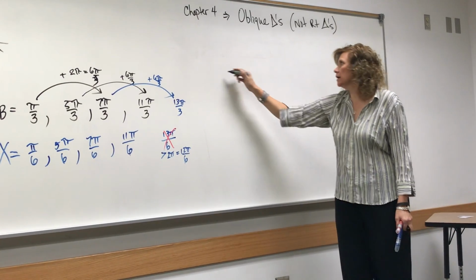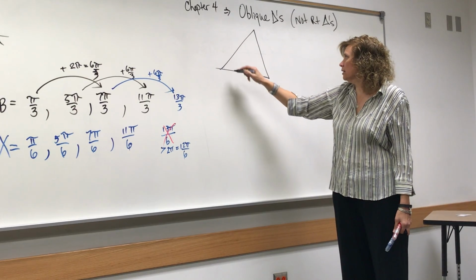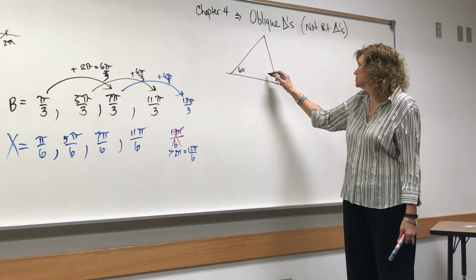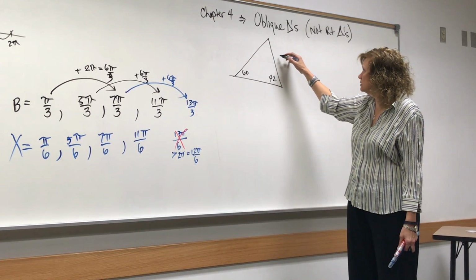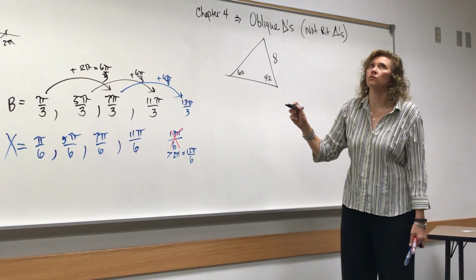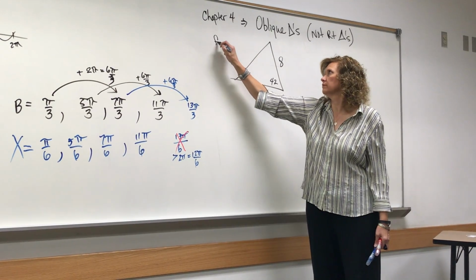So, you know, we could have, this is 60, and this is 42, and this side is 8, and the question is solve, find all the remaining angles, find all remaining sides.